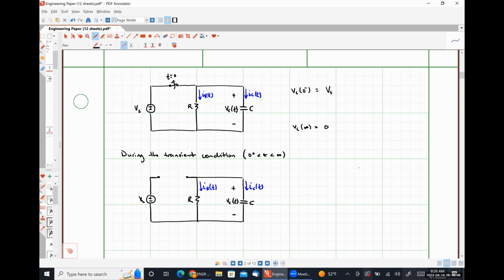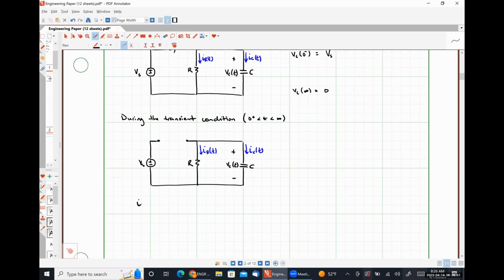And applying Kirchhoff's current law, we can see that IR plus IC is equal to 0. Using Ohm's law, IR can be expressed as VC over R, and IC can be expressed as C dV by dt.